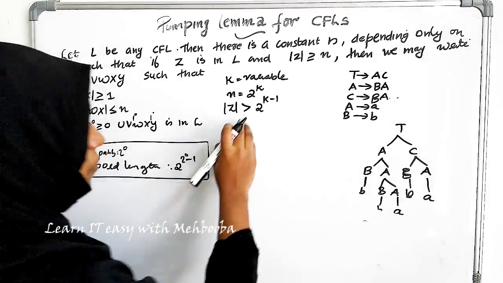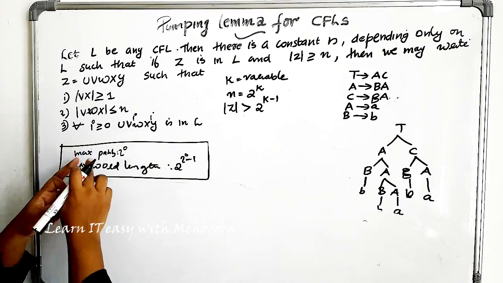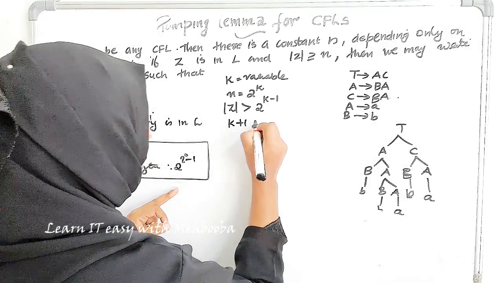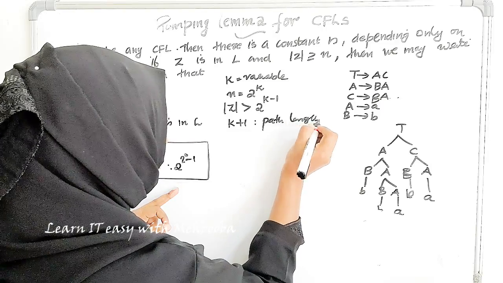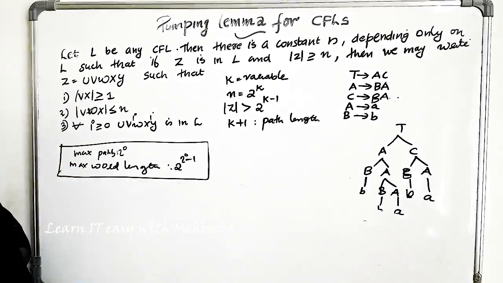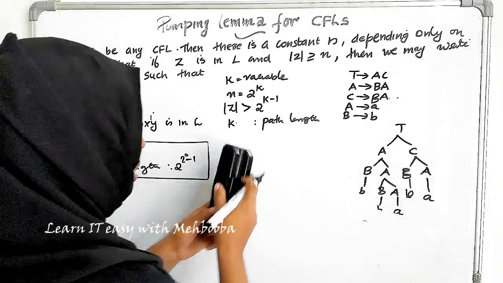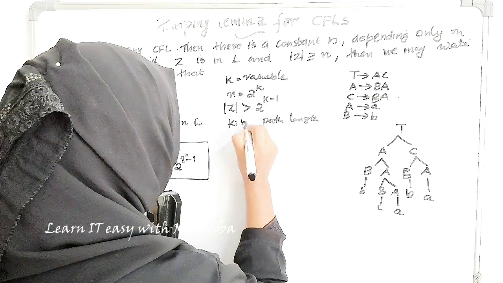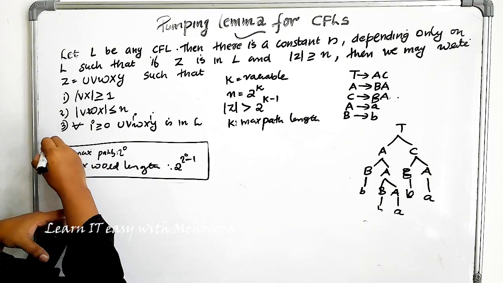Okay. So if z has length 2 raised to k minus 1, the minimum, then the tree should have a maximum path length of k plus 1, isn't it? k should be the maximum path length, that is, if z has length 2 raised to k minus 1, k should be the maximum path length according to this theorem that we have just proved.